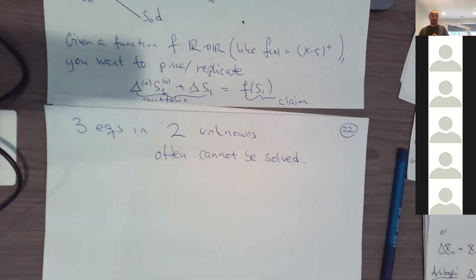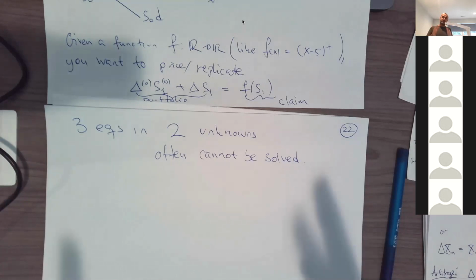Solving two equations in two unknowns, just solving the first two equations out of this system, and then you miraculously have the hope that the third equation also holds. And you can see this is very unlikely.